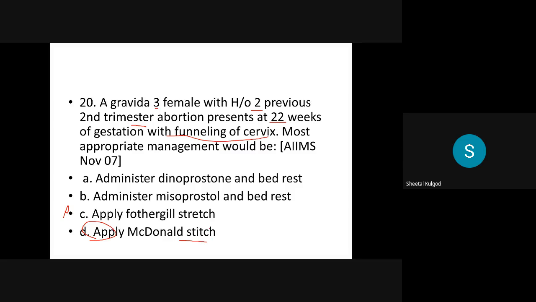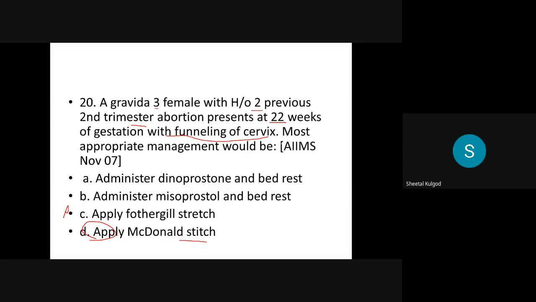In spite of putting up the stitch, if she still proceeds to abortion, it is definitely not in our hands. But at this stage, we can still try and put a stitch to her, rather than going ahead directly with termination with these two options.